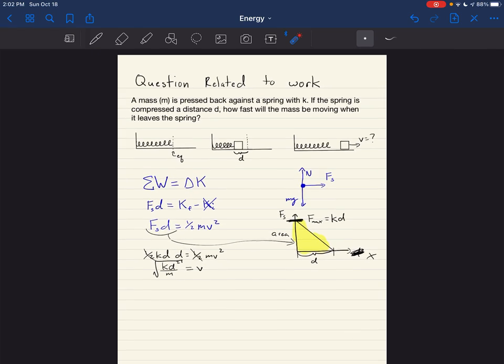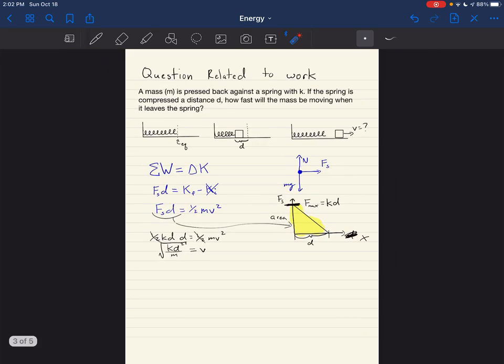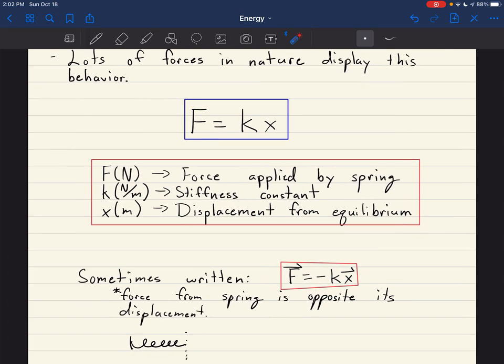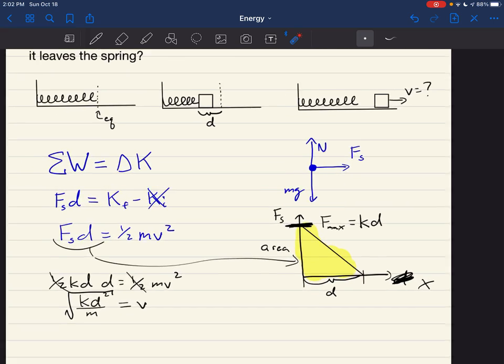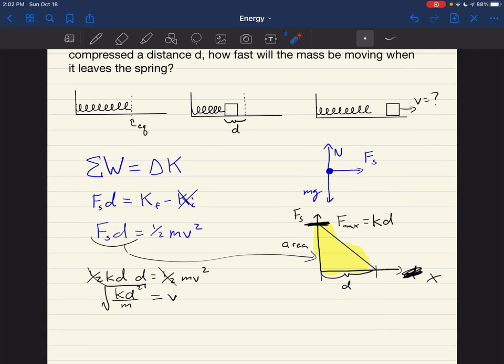So I hope this video was helpful. Remember, the main thing of this video was just wrapping our head around this equation for Hooke's law, which is this linear relationship between force and displacement of a spring. This example might have been a little tricky, but I just wanted to explain that if you're trying to find work done by a spring, you can't simply do force times distance.